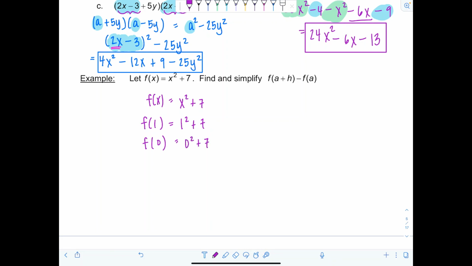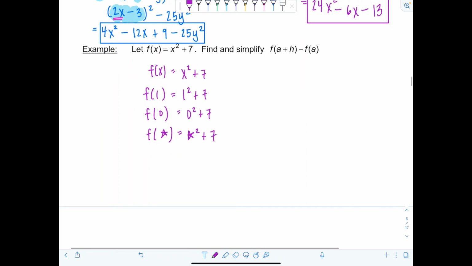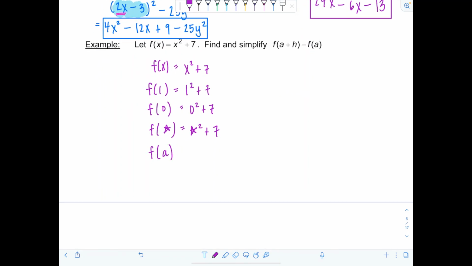What if I got real weird on you guys and I said, what's f of star? What would you do? Yeah, it's star squared plus 7, right? You just replace x with whatever you see in the parentheses. Okay, so what if I asked you for f of a? What would that be? A squared plus 7, yeah. And then lastly, f of a plus h. What would that be?